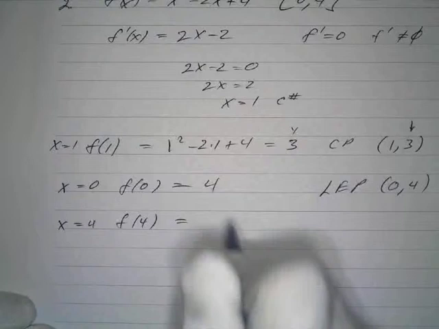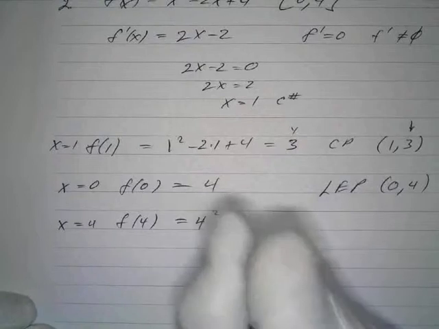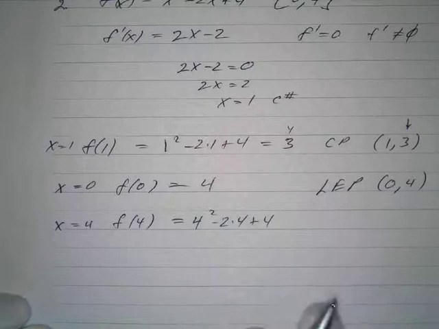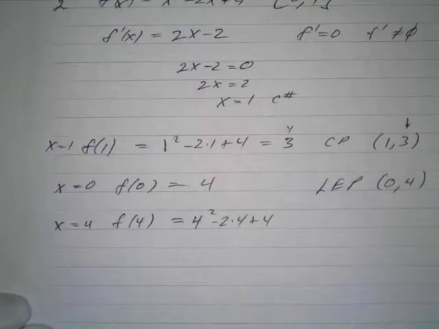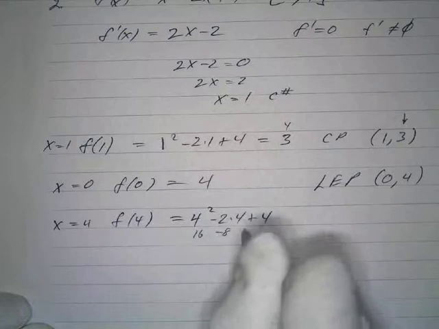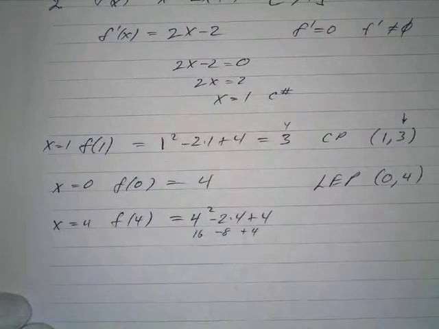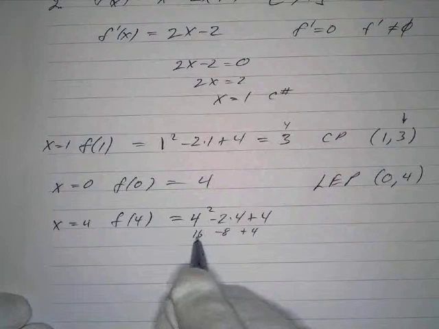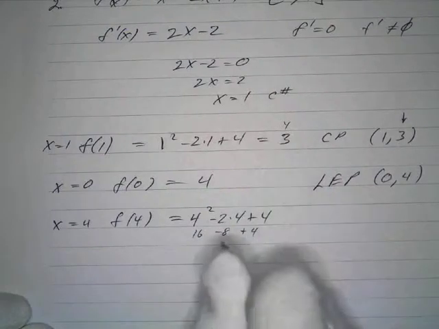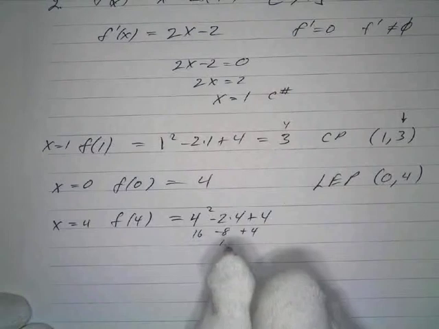That's going to be 4 squared minus 2 times 4 plus 4. I just substitute that in. I just want to find the y value. That's going to be 16 minus 8 plus 4. That's 24 minus 8, which is 12, I guess.